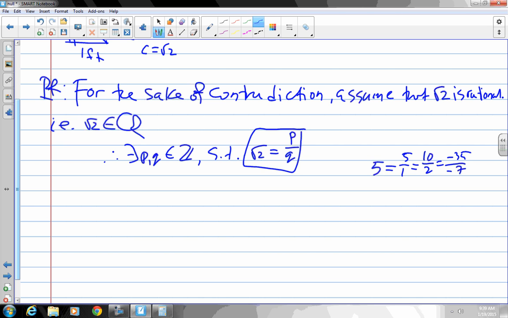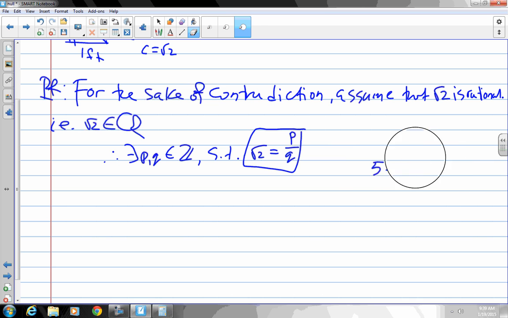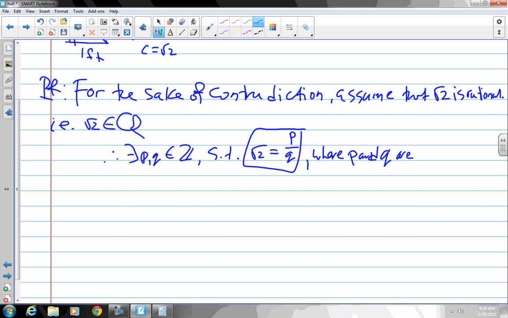I'm going to assume then that the P over Q fraction is reduced, that it's in the most reduced form. So P and Q do not have any common factors, because if they do, I can reduce it. You agree with that? I can always reduce my fractions. So we're going to assume that P and Q are in the most reduced form, where P and Q are relative primes.